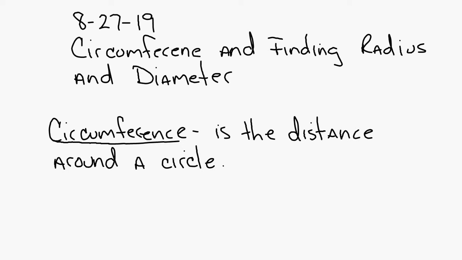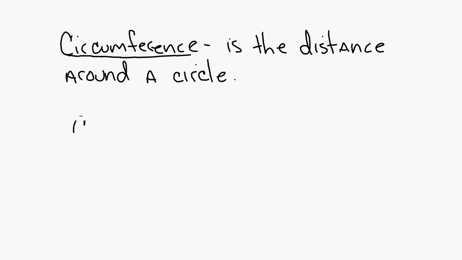Circumference of a circle, big letter C, is equal to pi times the diameter. Okay? Pi times diameter. The little letter d, lowercase d, stands for diameter.